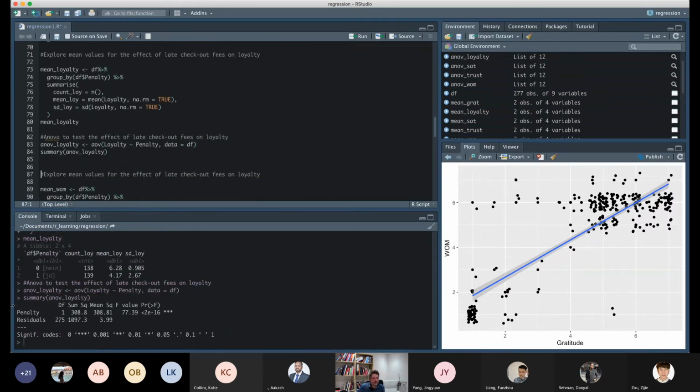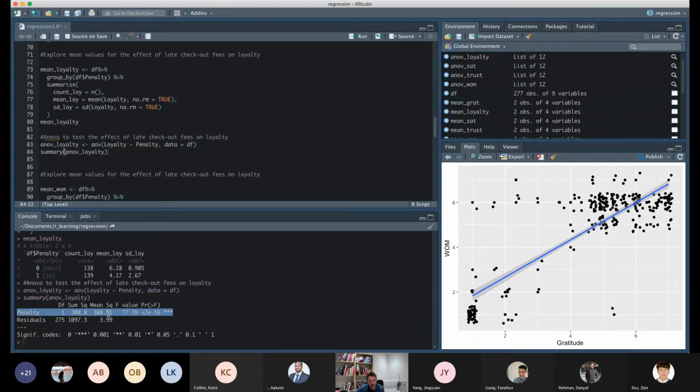So that's what I did here. Second step, this command. I just tested now for significance. I tested whether the difference between those 2 mean values is significant. So I used the aov command, loyalty as dependent variable and penalty as independent variable. And then summary. And what you see here, you get very brief results. The important thing you get is this line here. That's the effect of penalties, those late checkout fees, on loyalty.